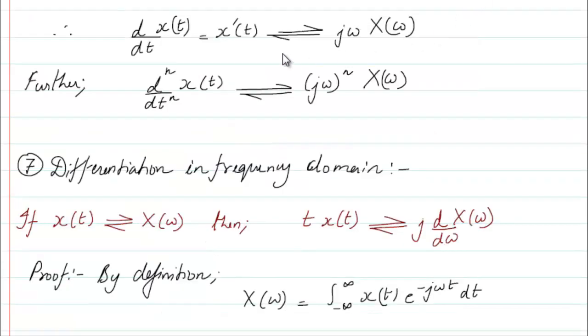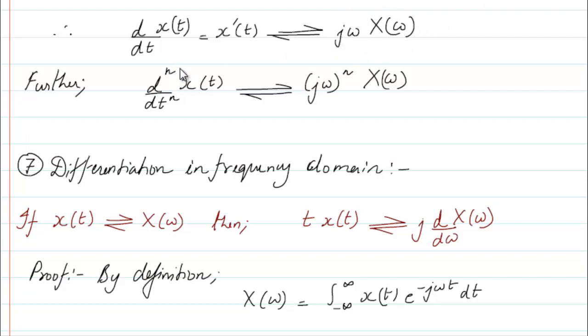Hence it is proved that if you have the differentiation of x of t, which can also be written as x dash of t, the Fourier transform of that will be j omega times capital X of omega. Now further, if you again differentiate this, then you will multiply the whole function with one more j omega.